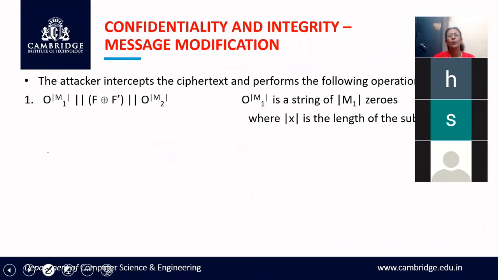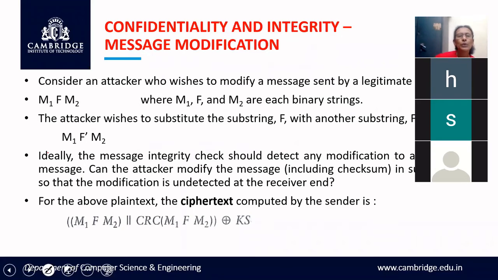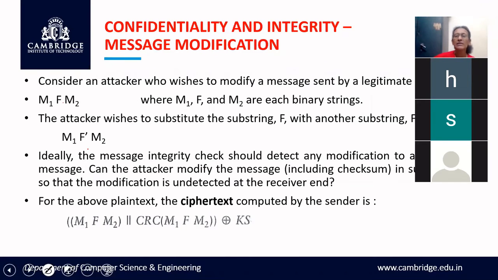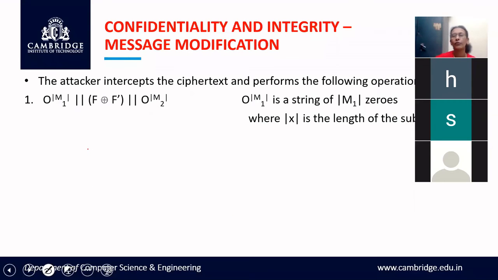So now, what does the attacker do? He wants to replace F by F dash. So that the receiver does not know that somebody has manipulated this text, the attacker does the following. First he creates 0 to the power of mod M1, concatenated with F XORed with F dash, concatenated with 0 to the power of mod M2.